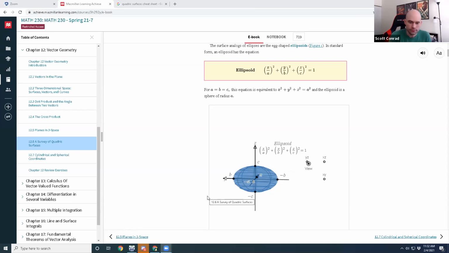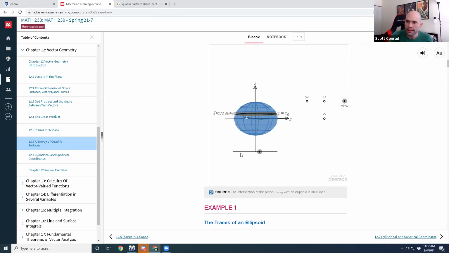So the single point would be like this one right here, where it just barely touches the top at a single point.